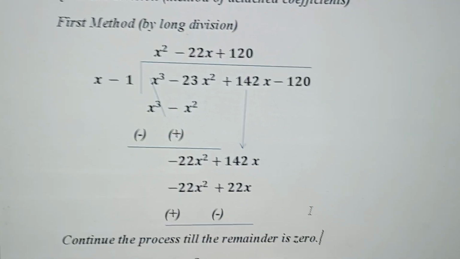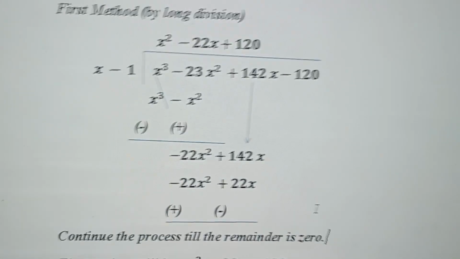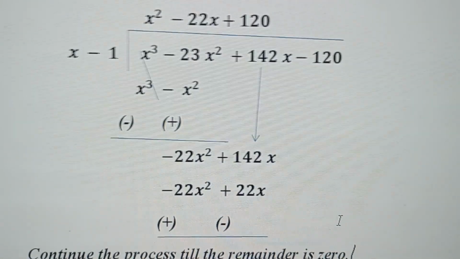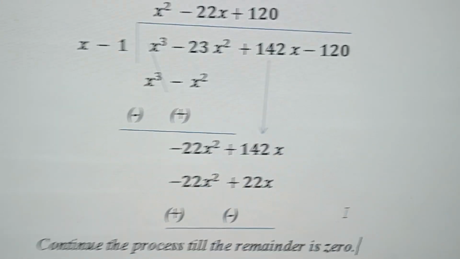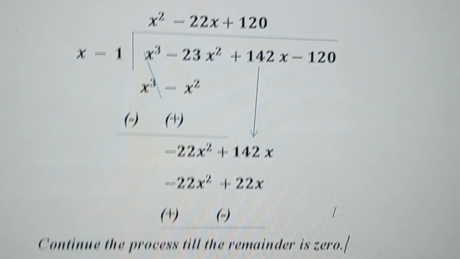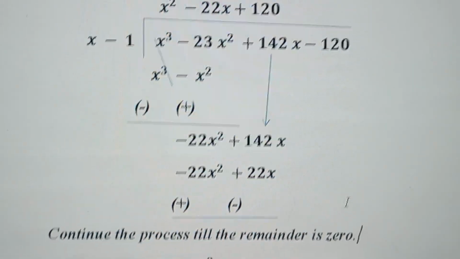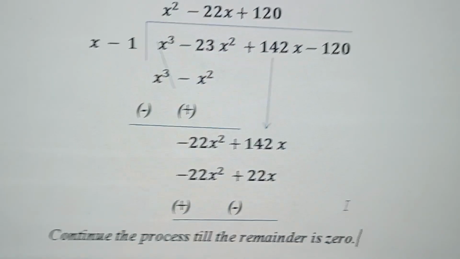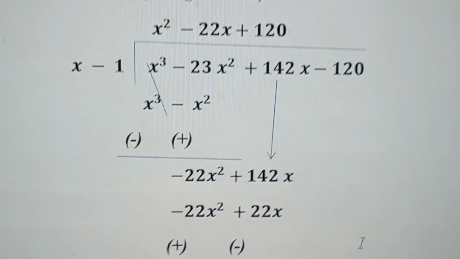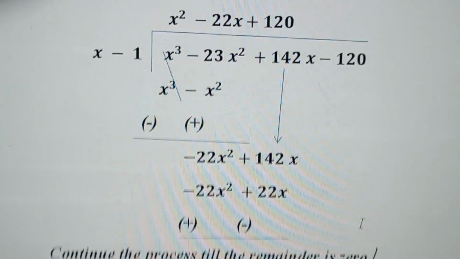First, we'll see the first method, the long division, that is usually done. It's a process. Look at this process. Just carefully go through the steps. We are going to multiply first by x squared, so as to make the first term of the polynomial equal, x cubed will come there minus x squared.